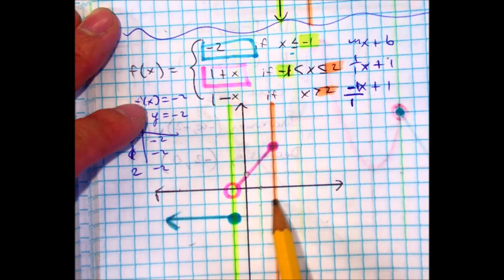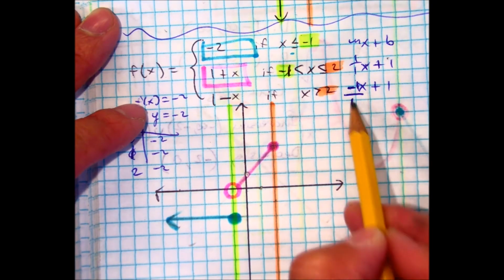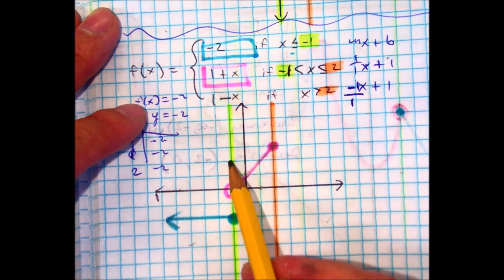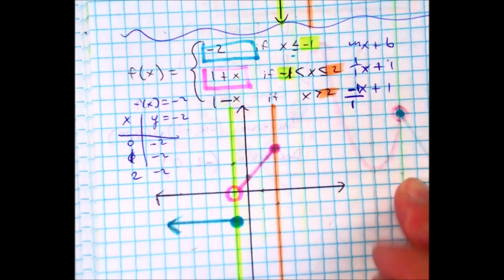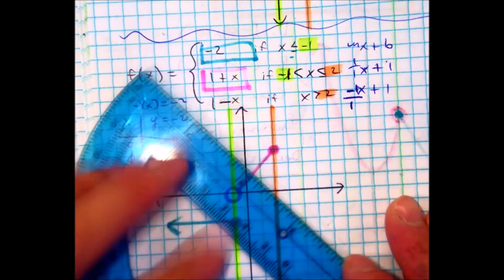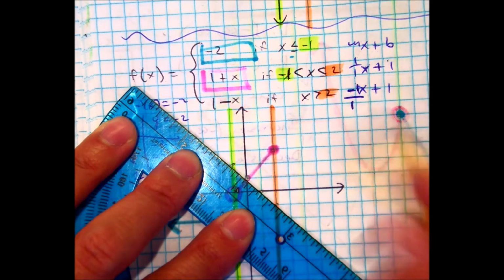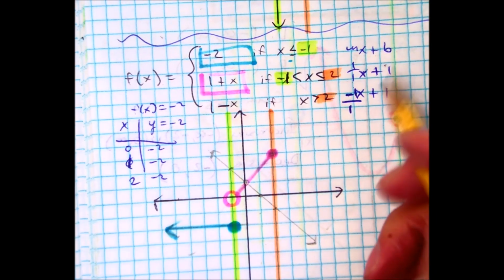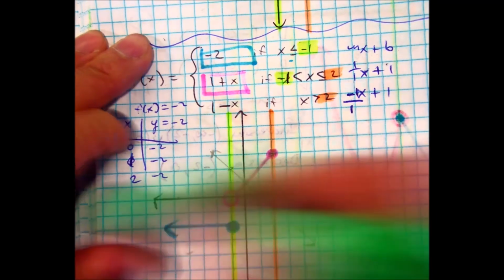Remember, you can reverse this. You can say +1 over a -1. So you can go up 1, left 1. See this one in green.